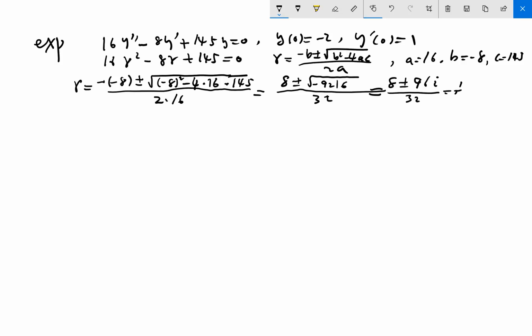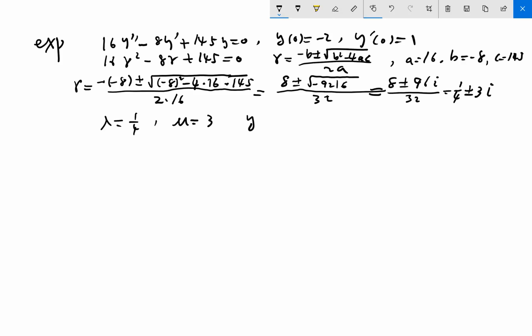So you get 1/4 plus or minus 3i. In this case, our lambda here is 1/4, and mu here is 3.